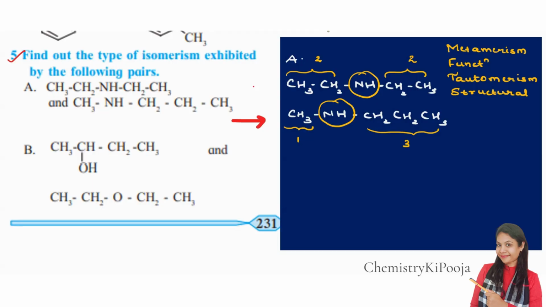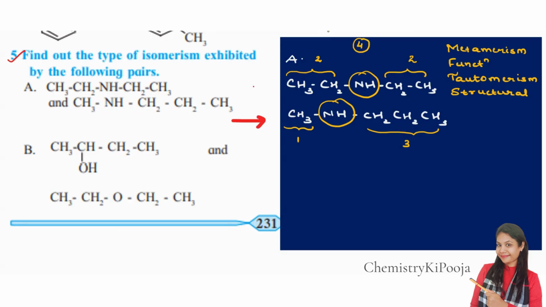So the trick I have already explained related to metamerism. Okay, now metamerism is basically what? If a particular compound has the same functional group, but the alkyl groups present on both the sides are different. Of course, the molecular formula should be the same, right? If I count the total number of carbon in both the cases, the number of carbon atoms is 4.